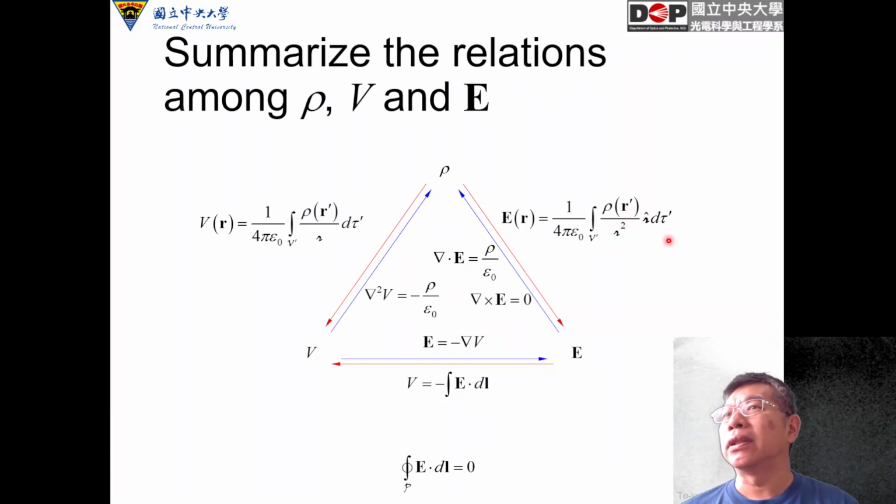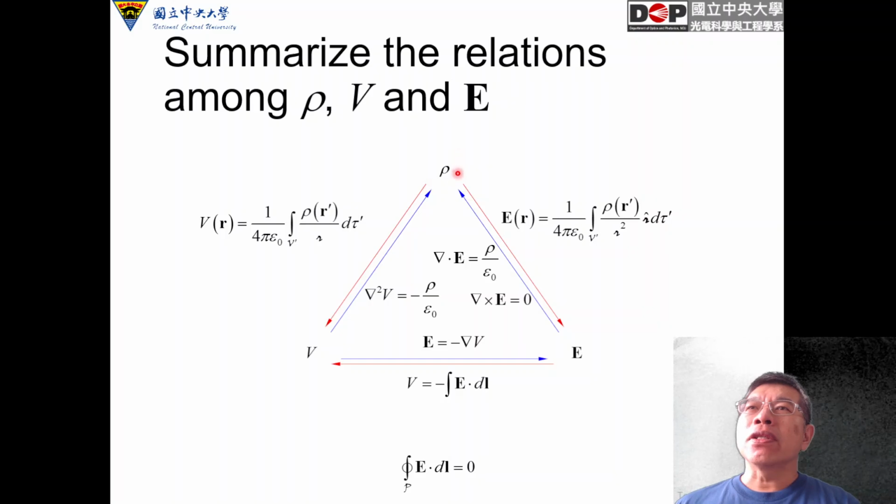Complicated to read, anyway. The prime indicates the source, and the funny R means the vector from the charge to the point of reference, the point of interest. So that's the integration form. If you know the charge distribution, you can know the electric field. That's it. It's annoying because of the denominator and the vector.